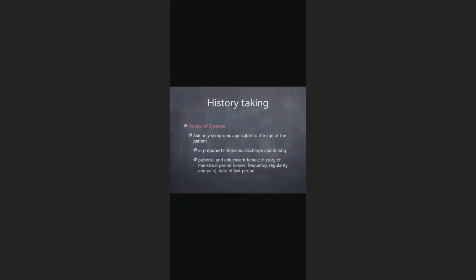Okay? So in prepubertal female, you have to ask for discharge and itching. This is actually almost the same with that of adults. So for pubertal and adolescent female, you ask for history of menstrual period, onset, the frequency, the regularity and pain, and the date of the last period.